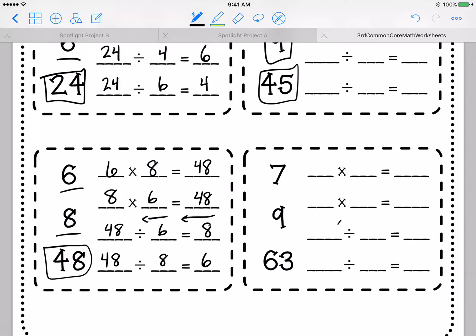Okay. Now I want you to pause and do the one for 7, 9, and 63. Think about your 9's finger trick, and this should be pretty easy.